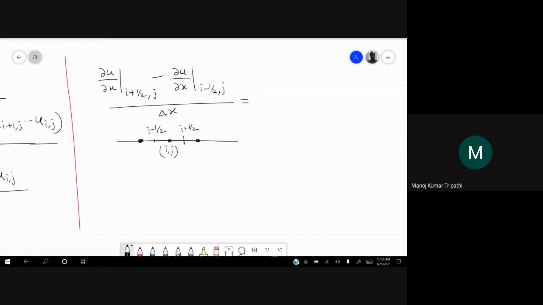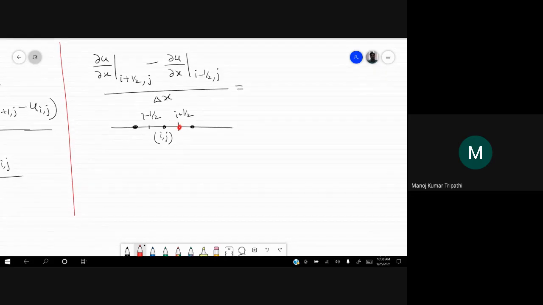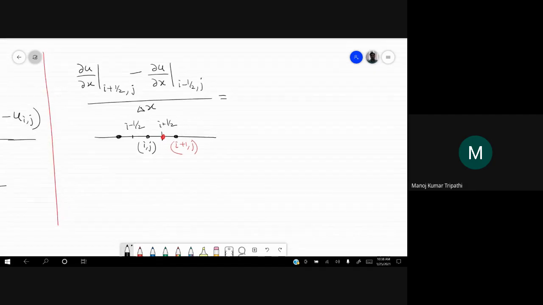And then dou u by dou x at I plus half can be written in terms of I plus 1 and I comma j, so this can be written as u_{i+1,j} minus u_{ij} by delta x.